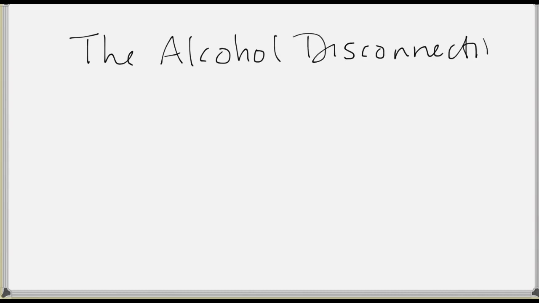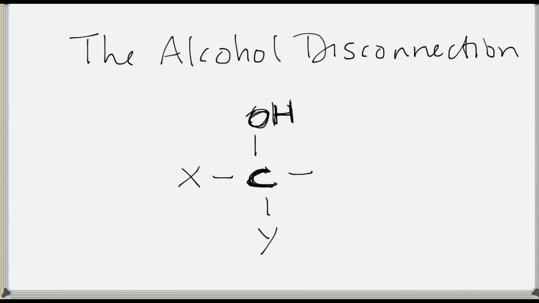And what that means is that anytime you have an alcohol, you by default have this piece of structure in your molecule. Now there may be an X group over here, a Y group over here, and a Z group over here, or they may all three be X's. In any case, you have an sp3 hybridized carbon with a hydroxyl group on it.